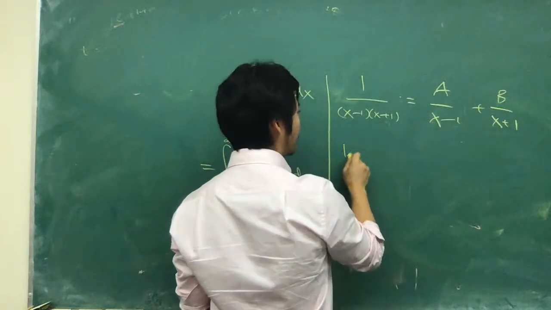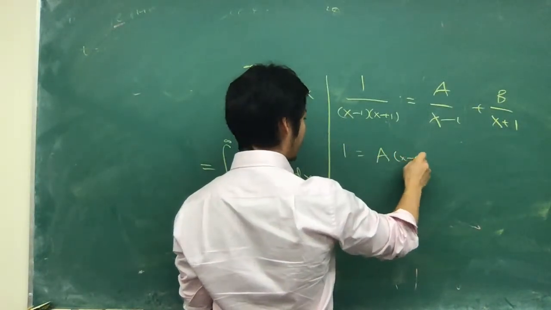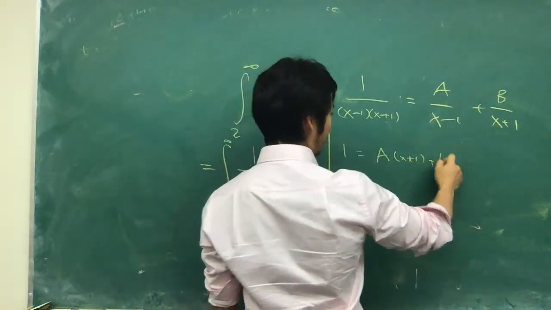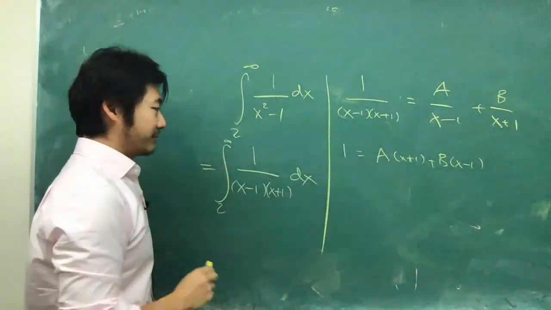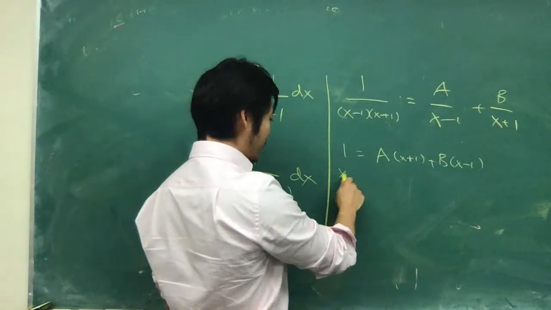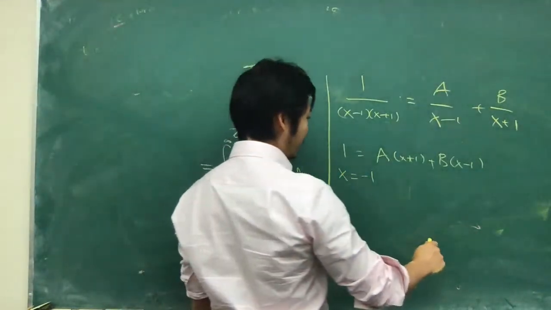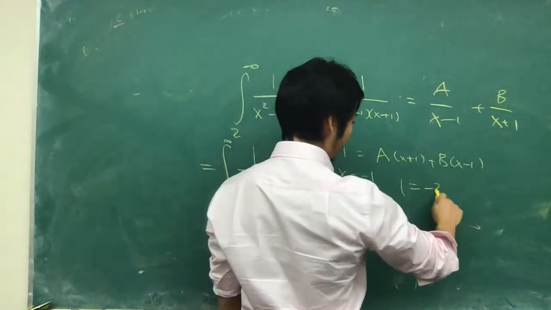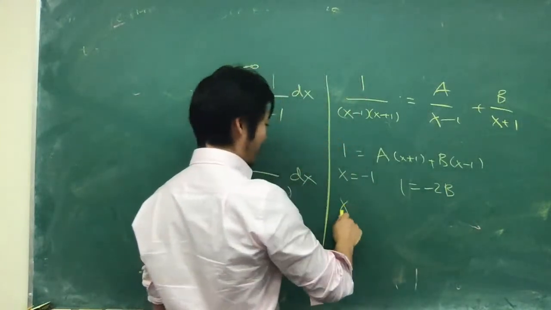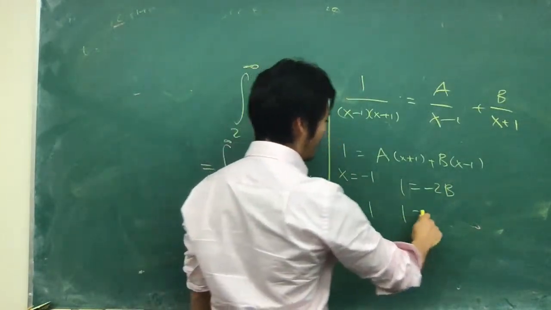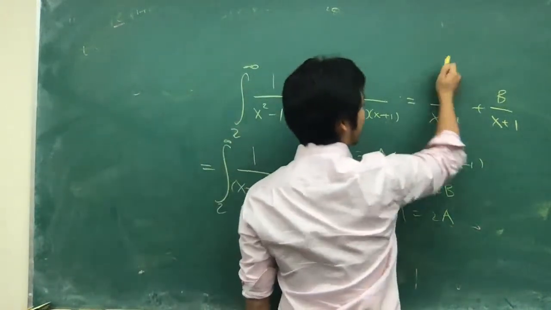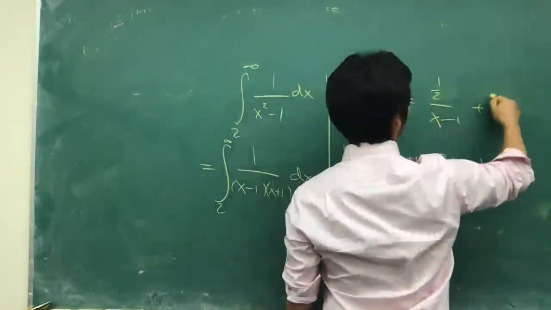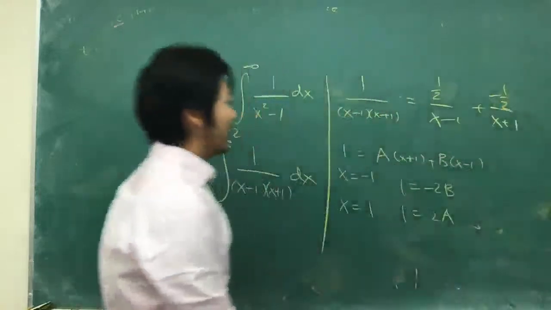And so 1 equals a times x plus 1 plus b times x minus 1. So if you plug in x equals negative 1, you get 1 equals negative 2b. If you plug in x equals 1, you get 1 equals 2a. And so a is a half, b is negative a half. And then you just integrate.